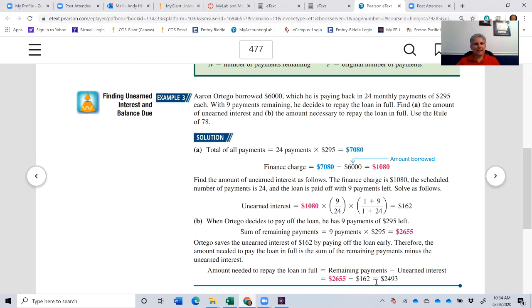On this day, with 9 payments remaining, he could pay this off by taking the $2,655, the total of the payments that are remaining, minus the $162 unearned interest, and that means he could pay it off with a $2,493 payment.